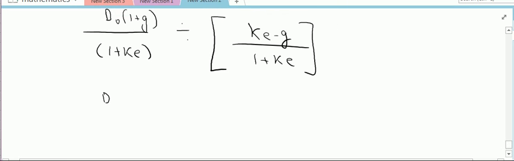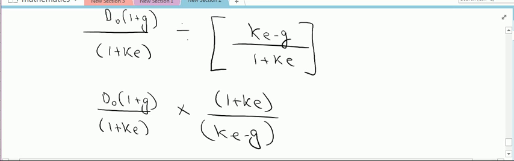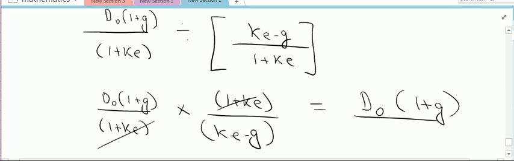Further on, d0 (1 plus g) divided by (1 plus ke), multiplied by (1 plus ke) divided by (ke minus g). These two cancel out each other and we are finally left with d0 (1 plus g) divided by (ke minus g).